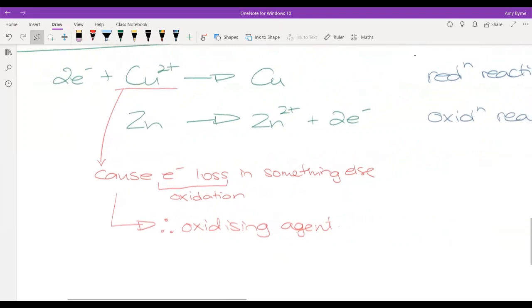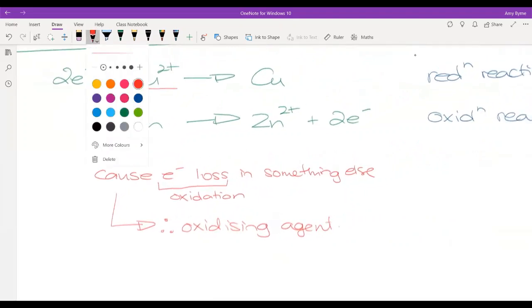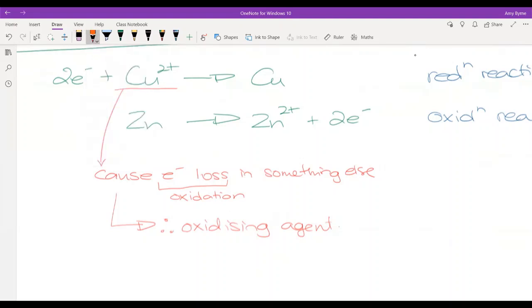Okay. My zinc, and hopefully you see where I'm going with this. My zinc is pushing its electrons off. So my zinc metal is causing electron gain in something else.